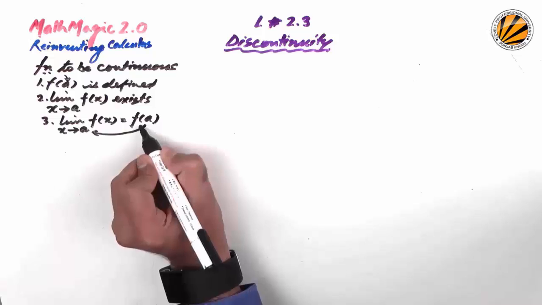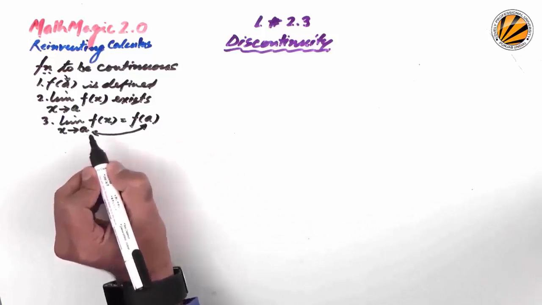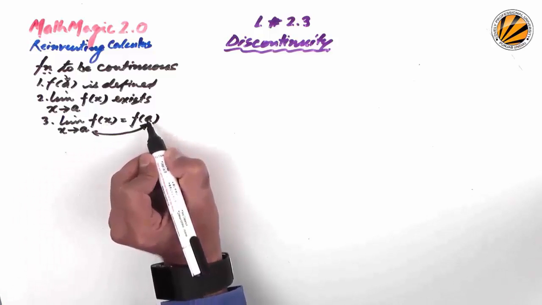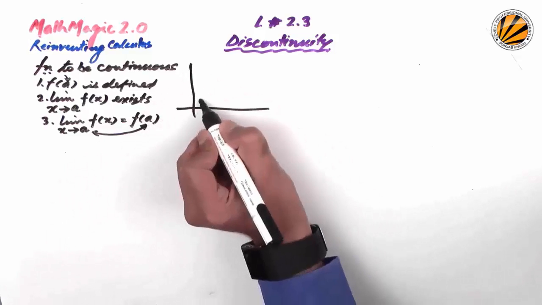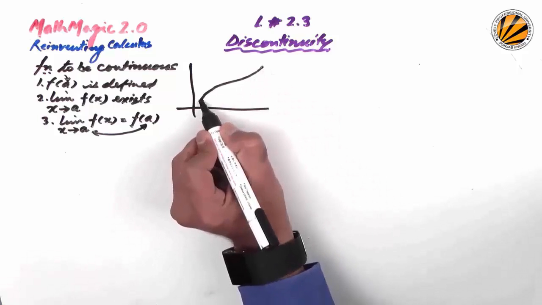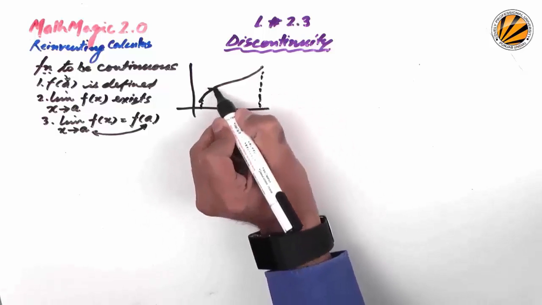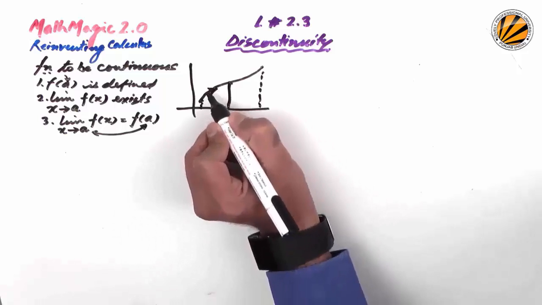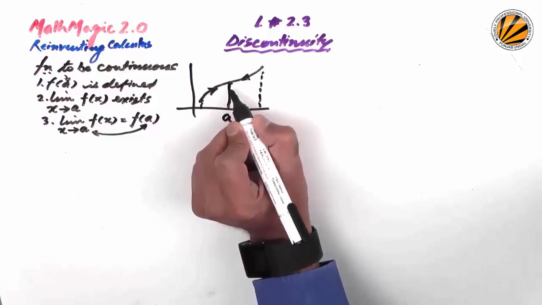Try to understand these two things: when the input is approaching A, the value of this function is becoming the value of the function at that particular point. It means this is the depiction of a function which is continuous, which can be drawn without removing the pen. If I approach this particular point A either from the left hand side or from the right hand side, the limit exists.